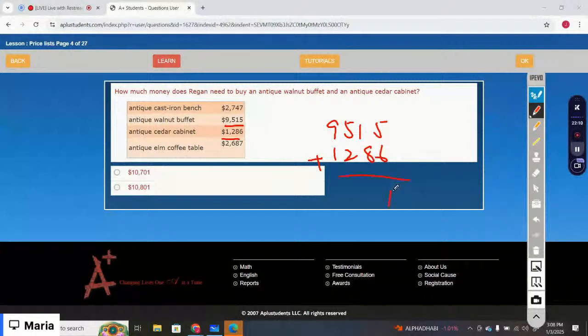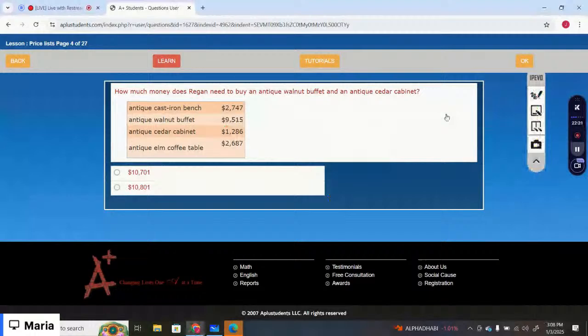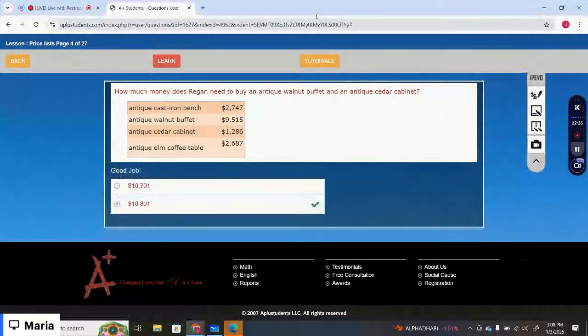Adding these, that is $10,401... the total is $10,801. Option number 2 is the correct option. So he needs $10,801.